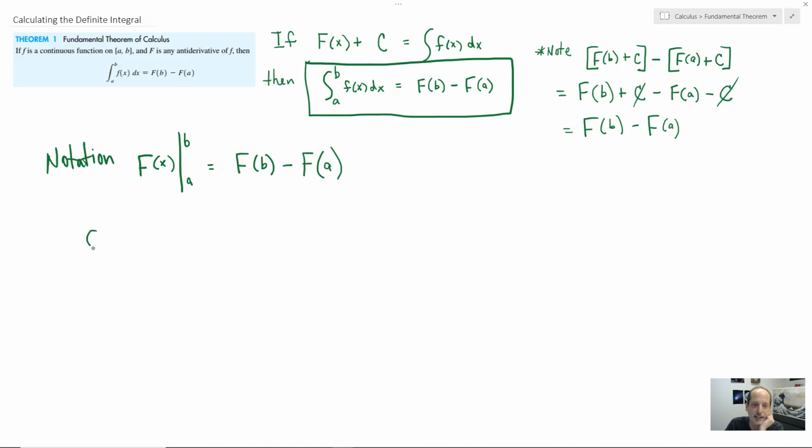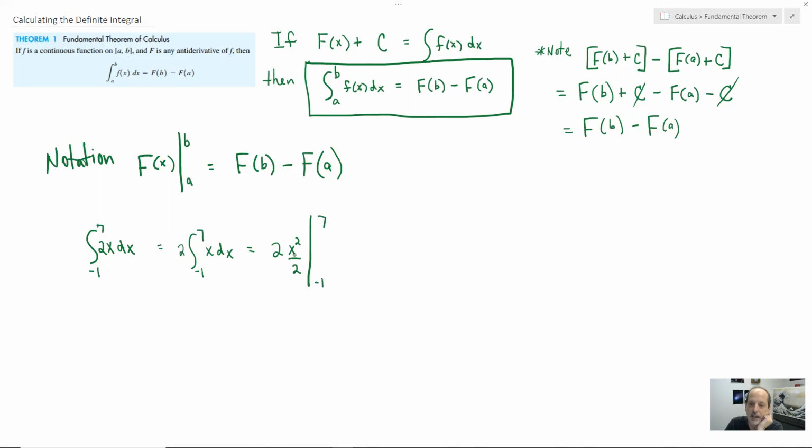So let's say I had an integral of x dx. Just to make life easy, I'm going to write the integral of 2x dx from, say, -1 to 7. So that's 2 times the integral from -1 to 7 of x dx. So that's going to be 2 times x squared over 2 running from -1 to 7.